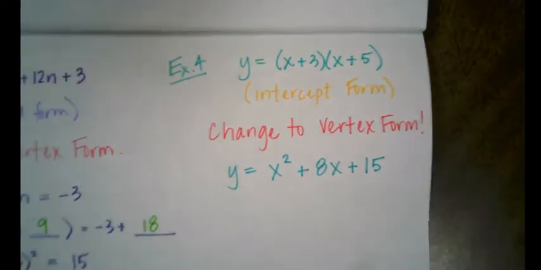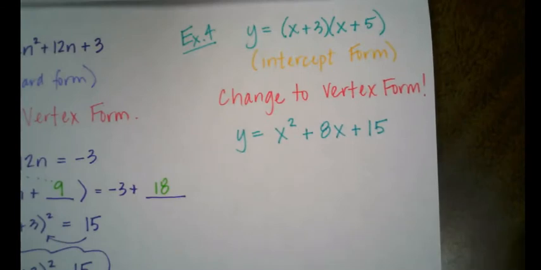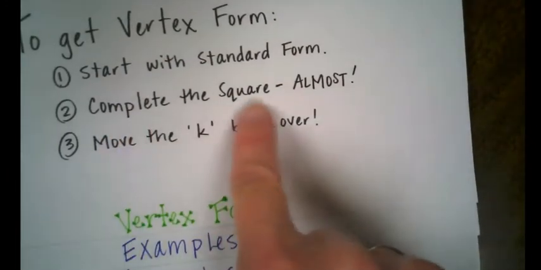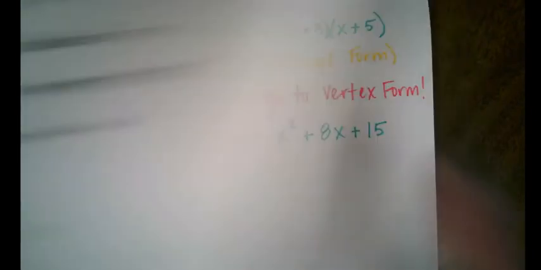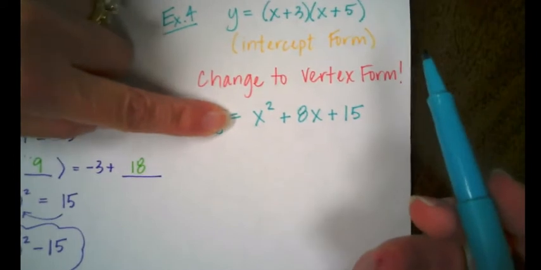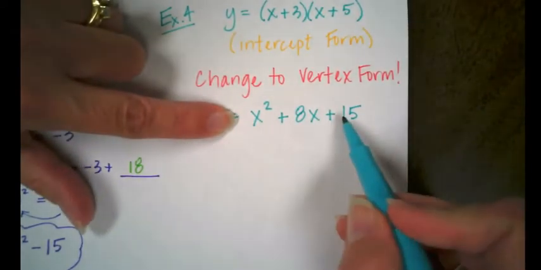All right, so now we have standard form. If we look again at our directions to get vertex form, start with standard form, and now we have it. So we're going to complete the square almost, just like our last example. I'm going to ignore this y equals for a few minutes, and complete the square on this.